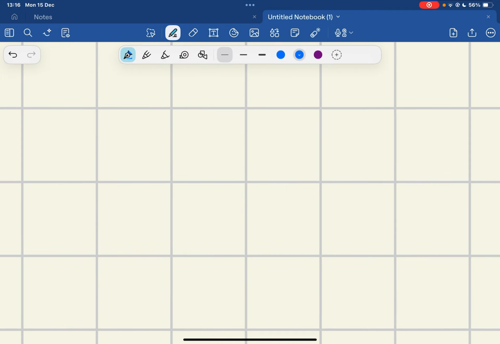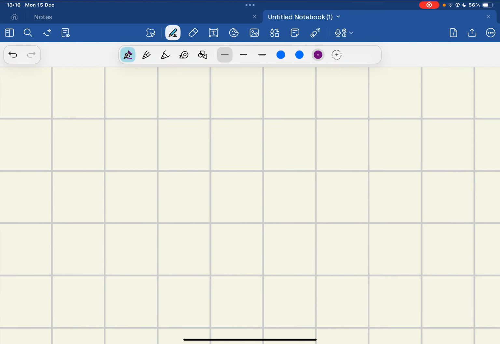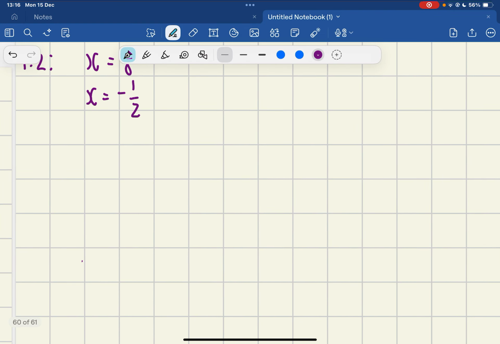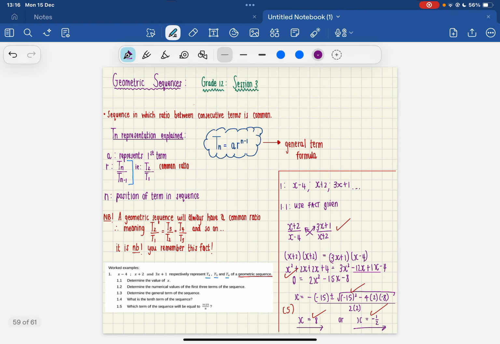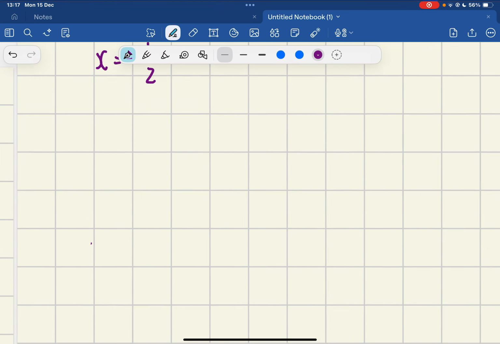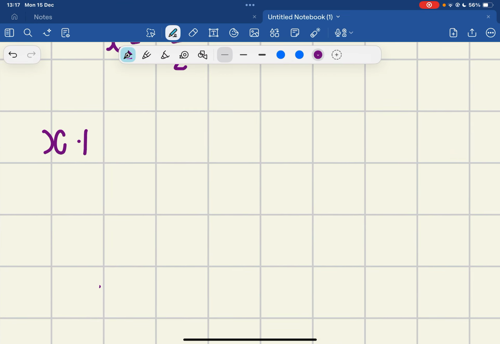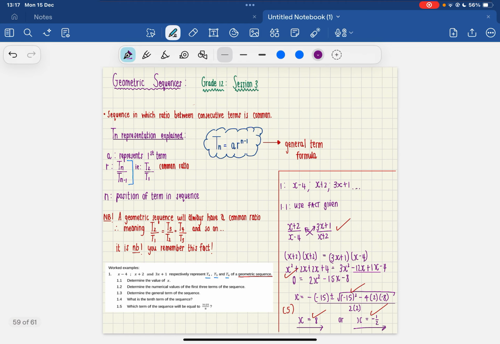So that being said, question 1.2, x is equal to 8, x is equal to negative a half, right? That being said, boys and girls, we know that, therefore, for example, let's say we're going to use our 8. You could use your 8 or your negative a half.